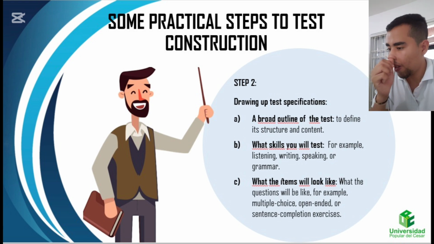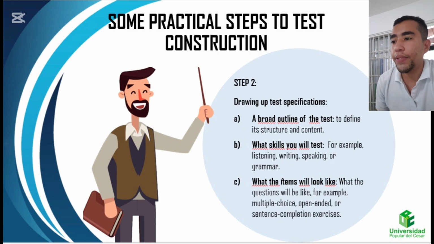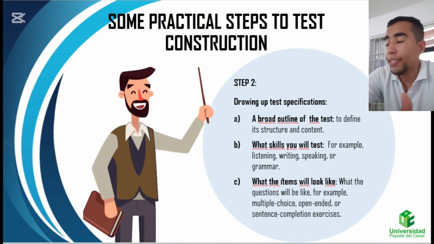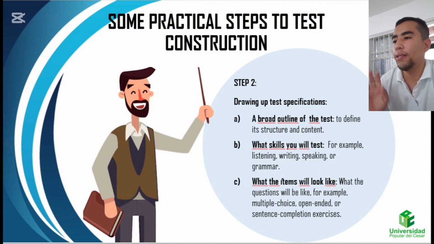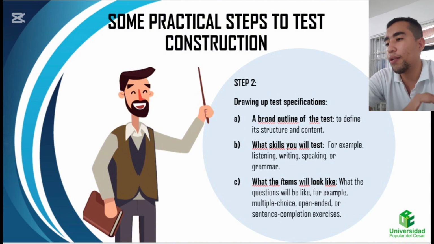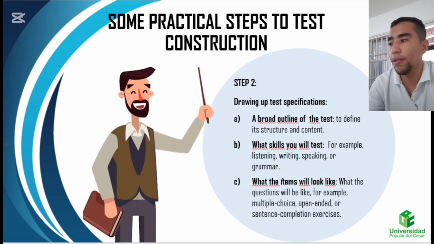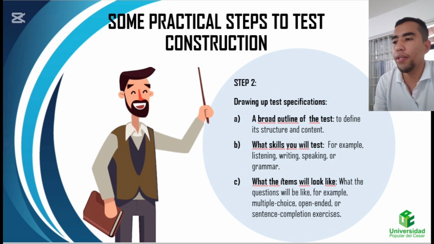We need to know what activities or items we can design, and they must be related to those skills that we are going to evaluate. As I said before, listening, writing, speaking, and grammar.